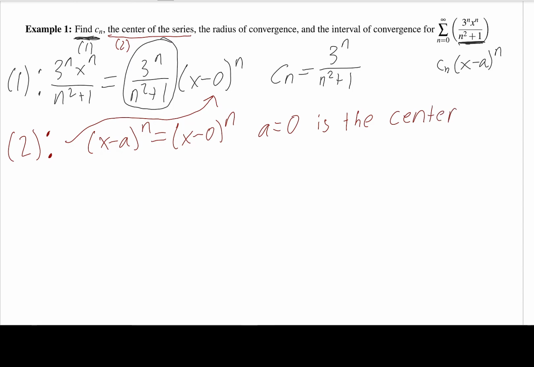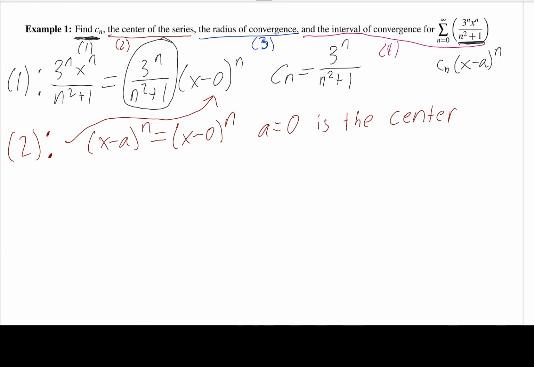Now for part 3, the radius of convergence, now I'm trying to figure out, okay, where is this thing converging? So this is part 3, and we're going to label this part right here as part 4. And it turns out that part 3 and part 4 are actually going to heavily rely on each other.